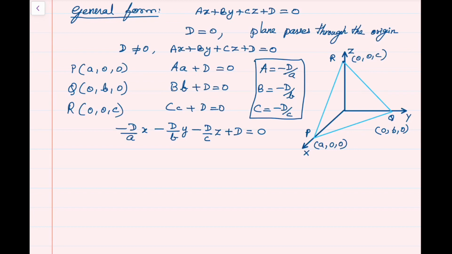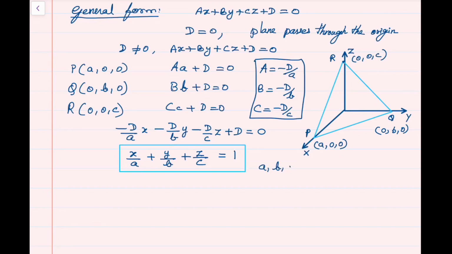Let us divide the whole equation by minus d. x by a plus y by b plus z by c, we will get minus 1. We will take it to the other side, so plus 1. This is the intercept form of a plane equation, where a, b, c are the intercepts made by the plane on x, y, z axes respectively.